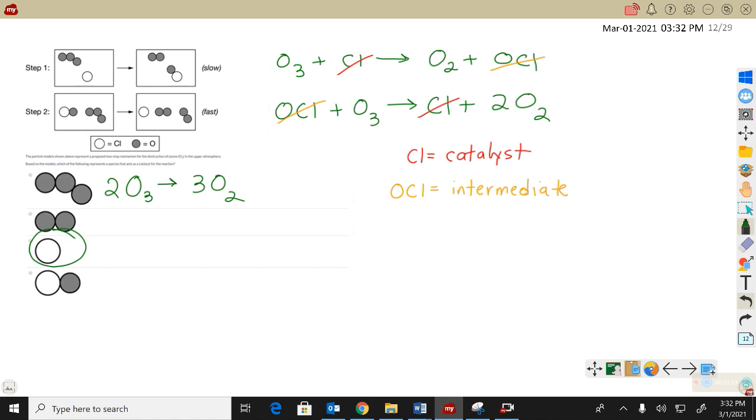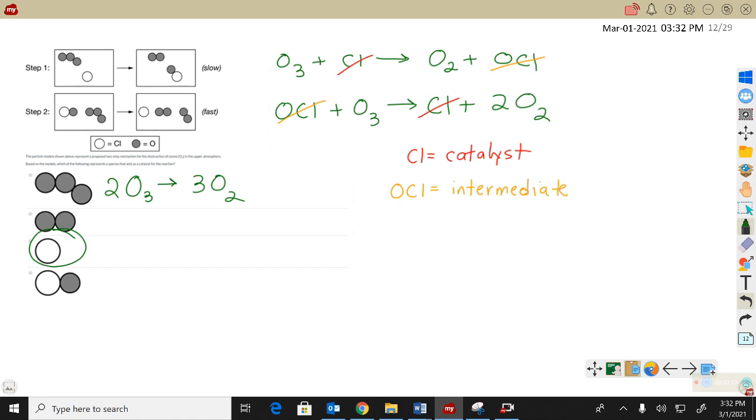The little bubbles are fine, the little particle models are fine too, but I wanted to simplify and write it like the real particles. So I'm looking for something that I add and then I get it back. It's something that I add and it cancels, so that it's not part of the final balanced equation.